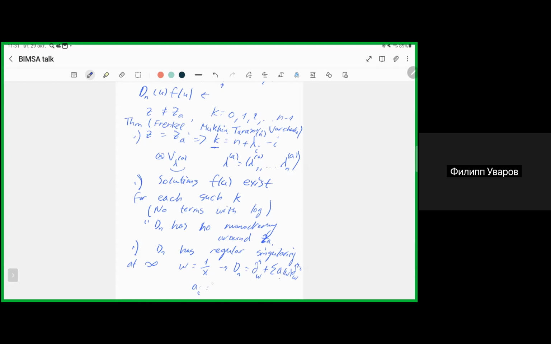So AI here is a sum of AIJ W to the power j, where j is from negative I to infinity.